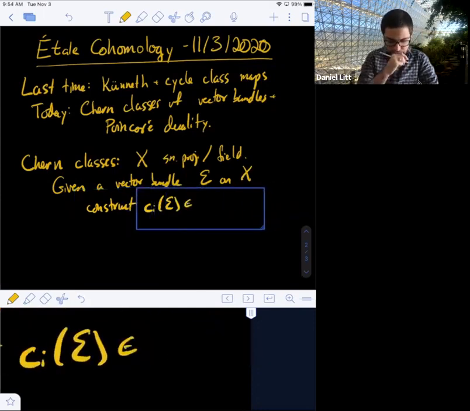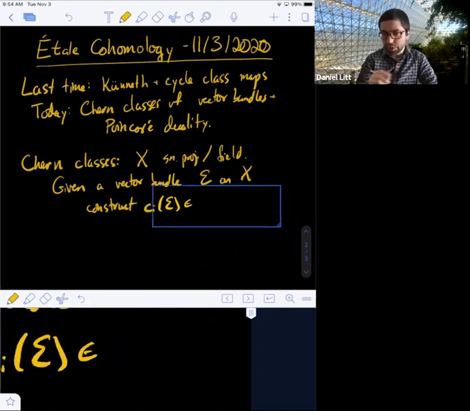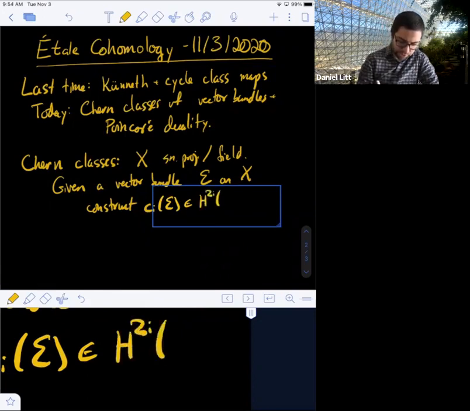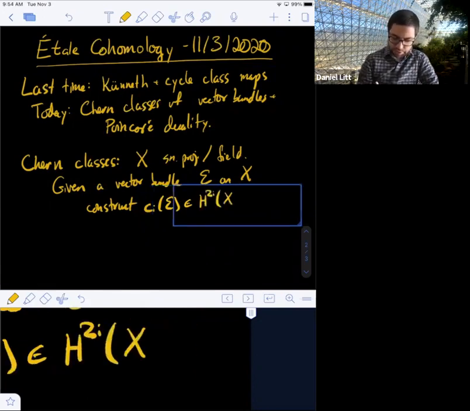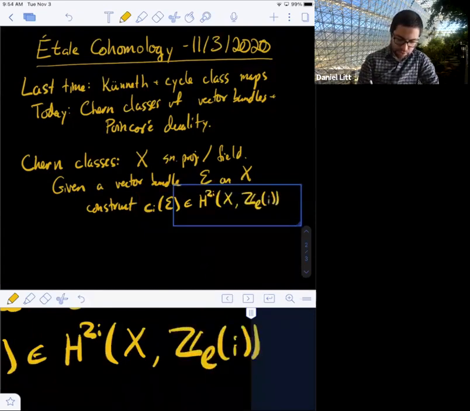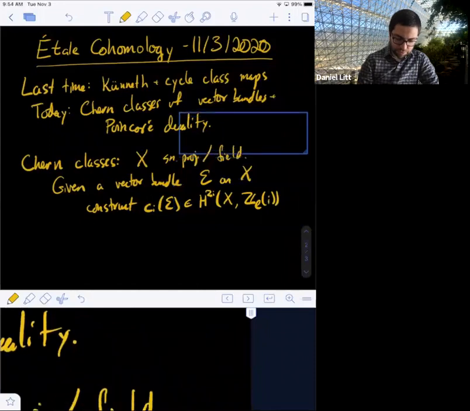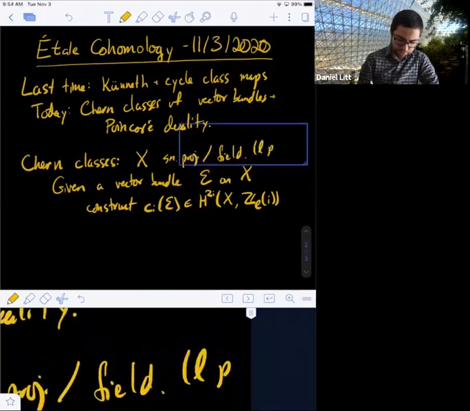So in singular cohomology, you generally think of these as living in just H2i of X with coefficients in Z. And there's a twist to take care of here, just like in cycle class maps. So they live in H2i of X with coefficients in Zl of i. And here, as usual, l is prime to the characteristic of k.